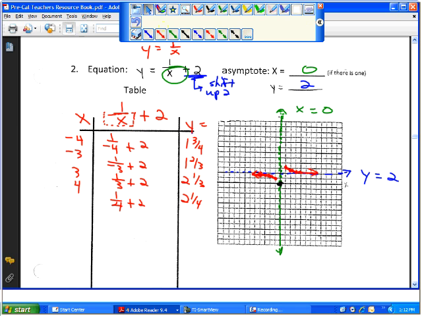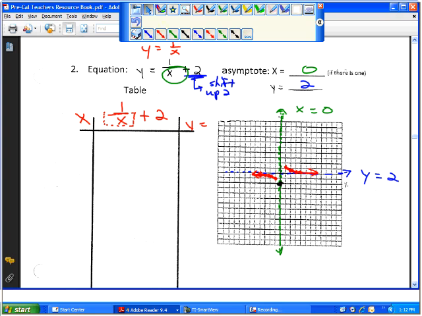Okay? So we're going to do that. So let's choose negative 1/2, negative 1/4, positive 1/4, positive 1/2.